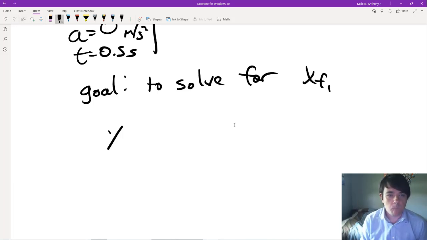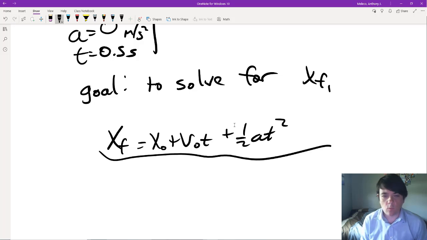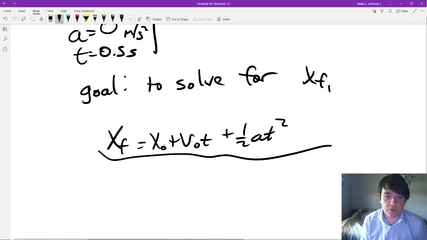So, x final 1, or here, let me just get a generic equation. So I'll start with x final. This guy can work, I think, because we're solving for x final. We know x initial, we know v initial, we know time, we know this.